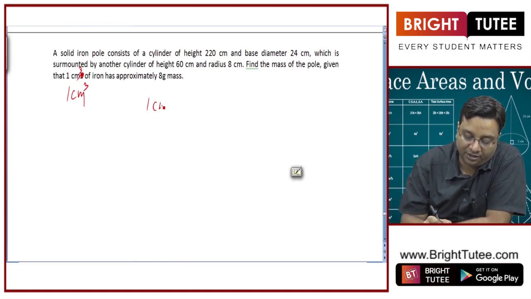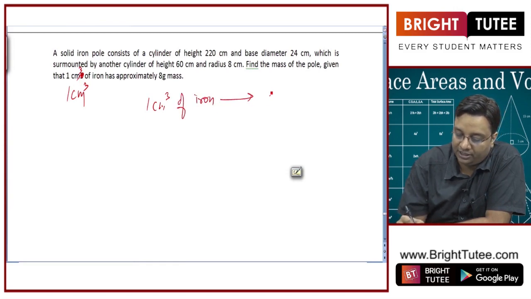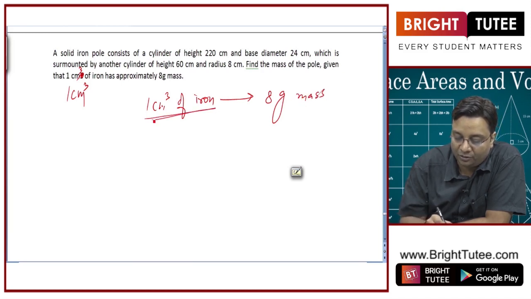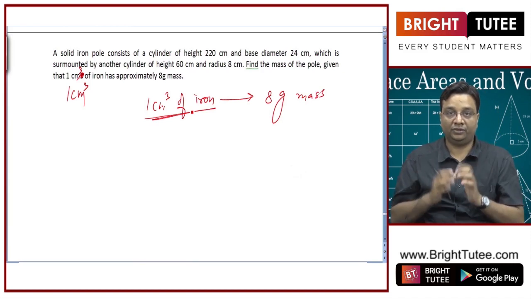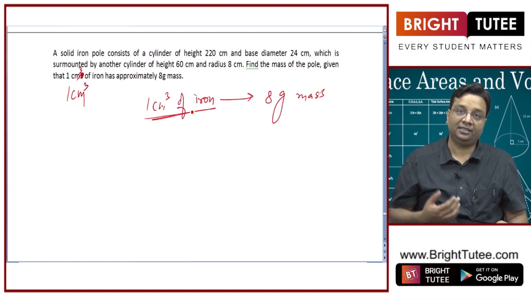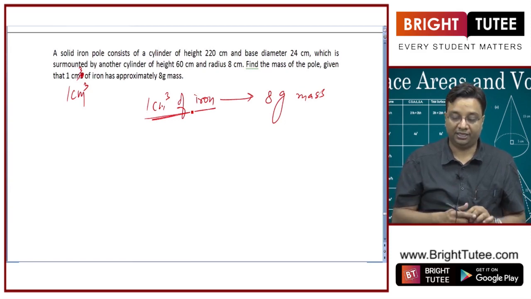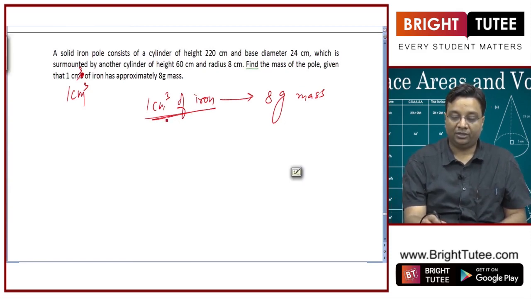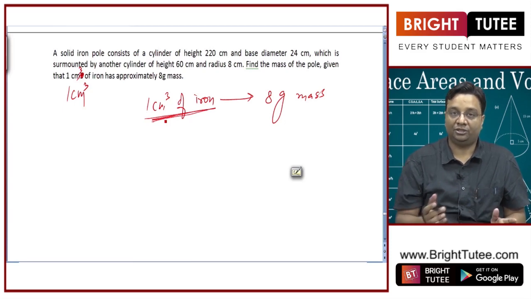So 1 centimeter cube of iron has got 8 gram mass. If I can calculate the total volume of the iron, and multiply it by 8, I will get the mass in grams, right? So I need to calculate the volume of iron in centimeter cubes.